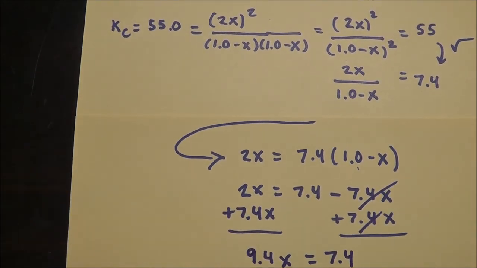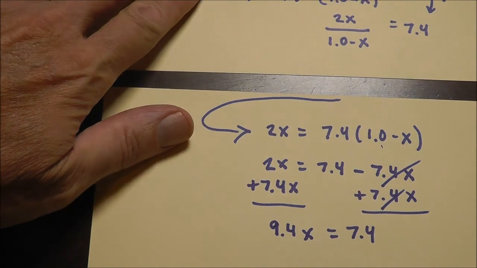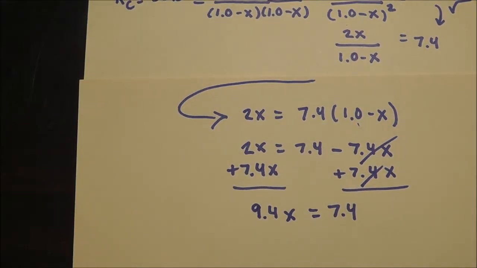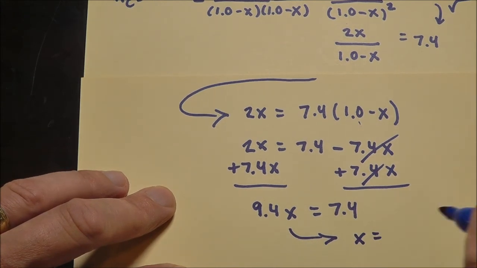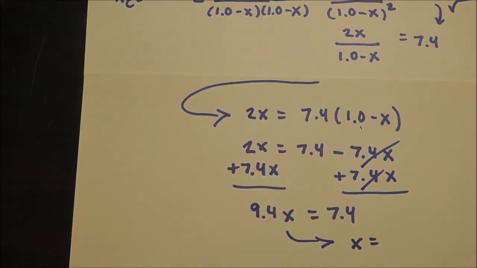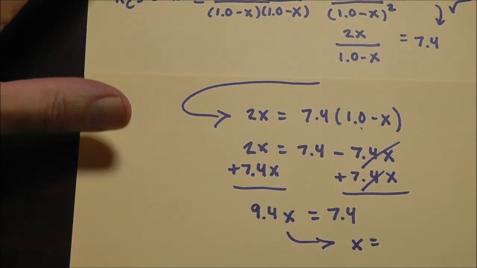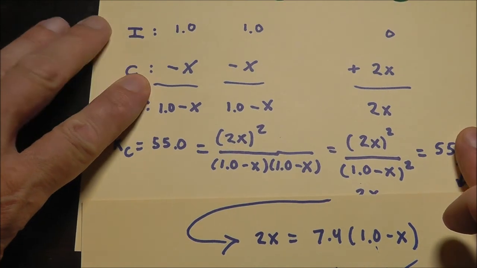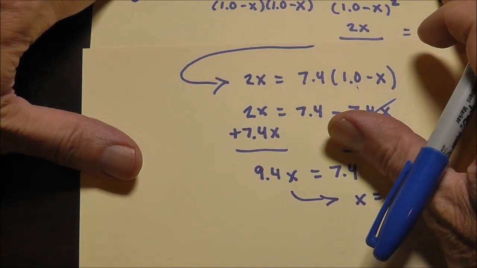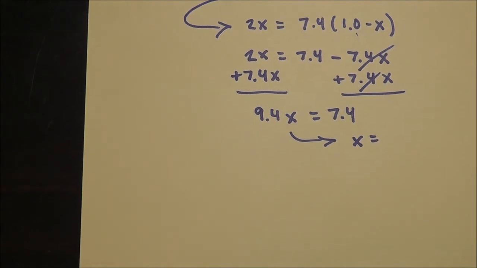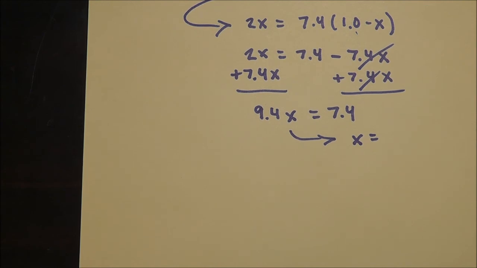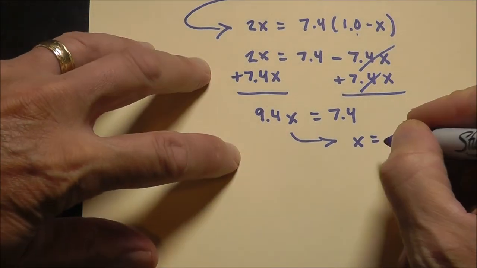I'll see people get this backwards, and they'll divide 9.4 by 7.4 instead of 7.4 by 9.4. And then you'll know that it's jacked up because you can't have x be bigger than 1. That would give you a negative concentration. There's no such thing as negative moles per liter. So now 7.4 divided by 9.4 equals 0.787.